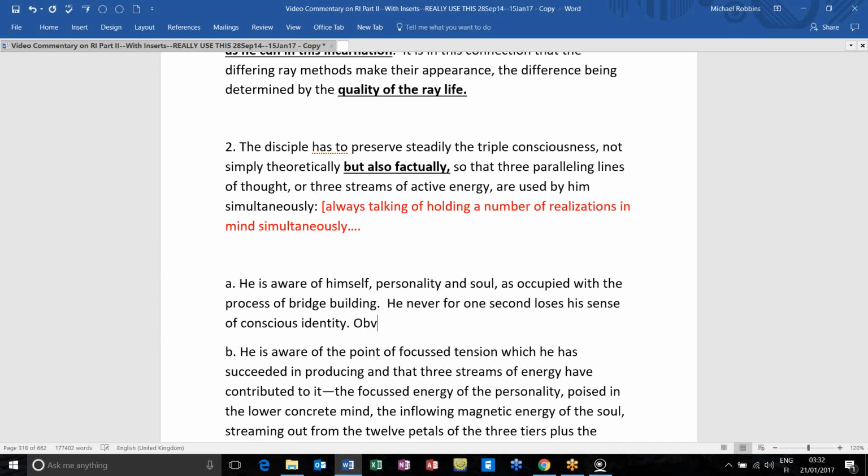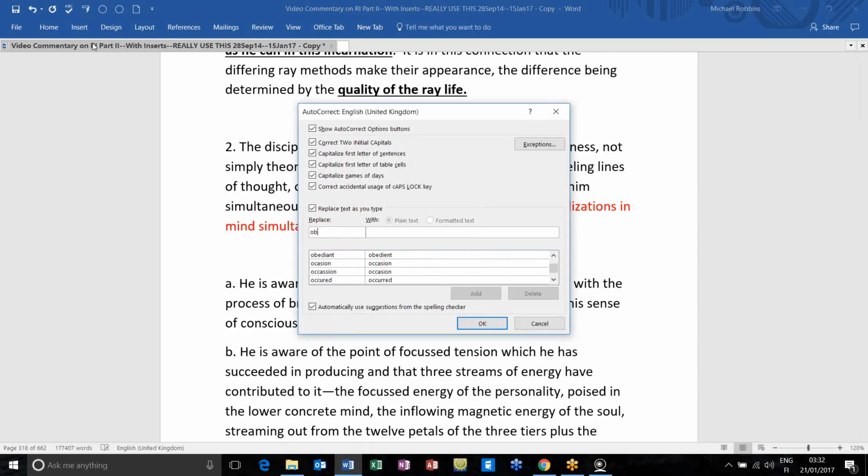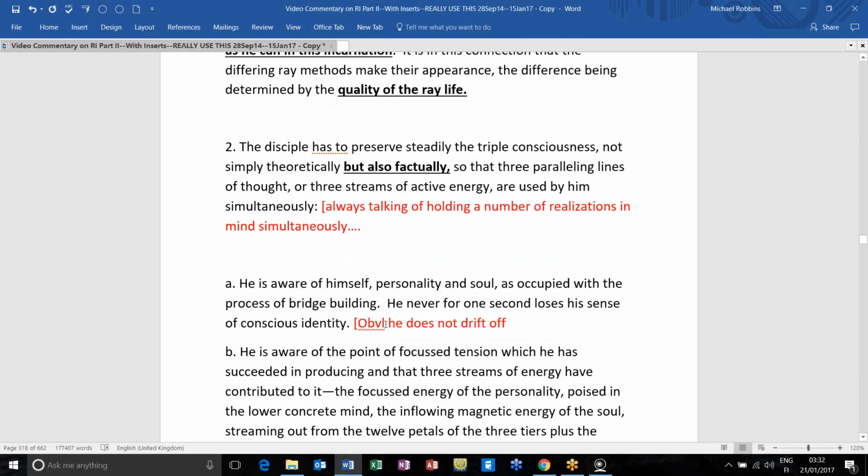Obviously, he does not drift off. And, as I've been doing, with your permission, so to speak, I've been adding these in for a rainy day. So he remains aware of his identity, excuse me, and what he's doing.